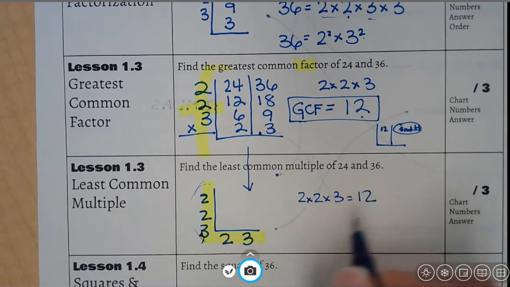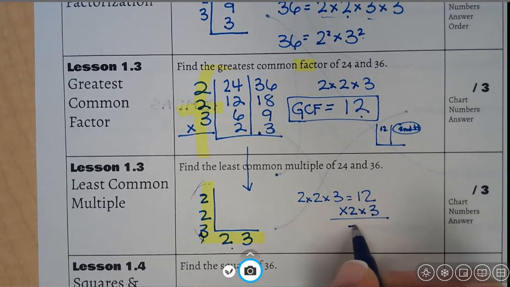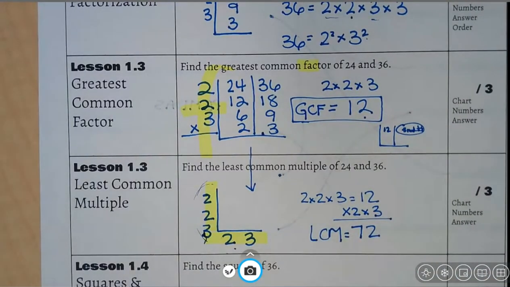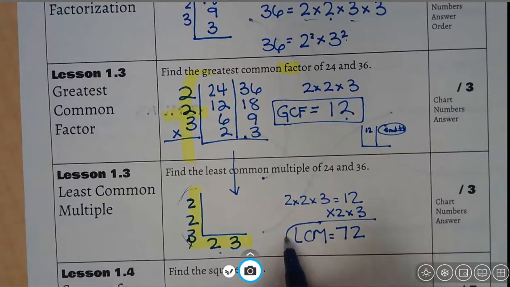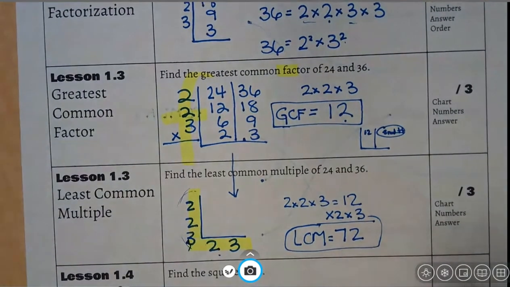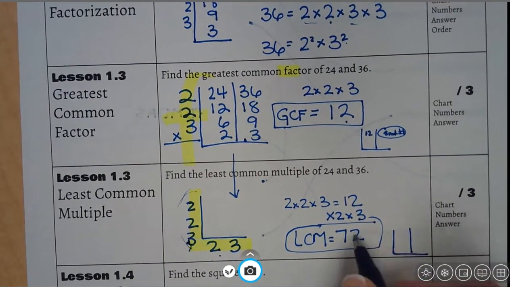And then if I multiply times the 2 times the 3, that would be 6. So 12 times 6 is 72. So the least common multiple is 72. And then again, if I need to do a third number, I would just put the least common multiple in a second chart with the third number.